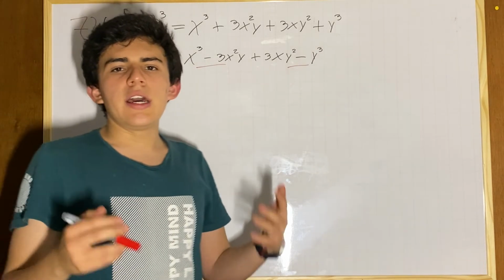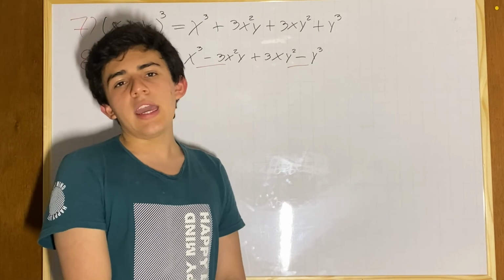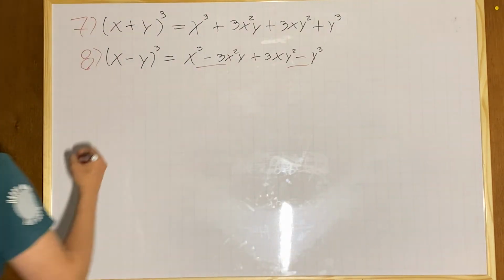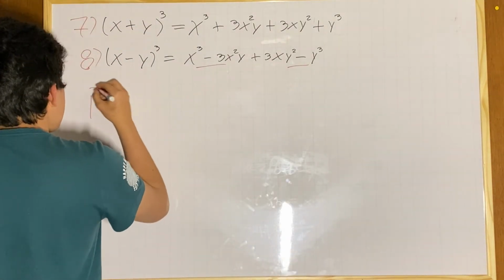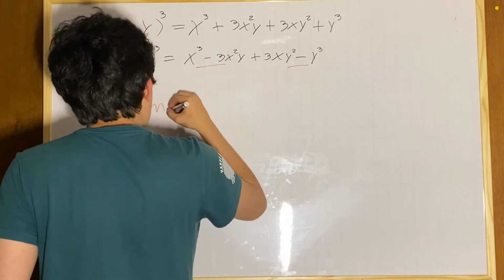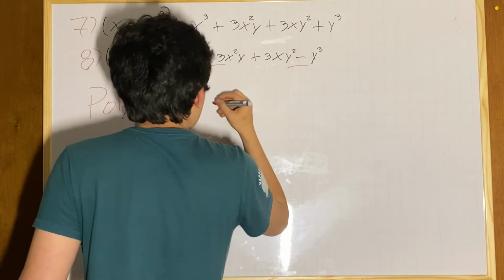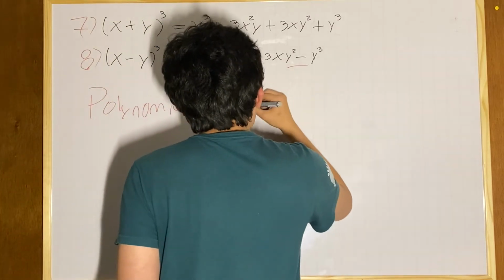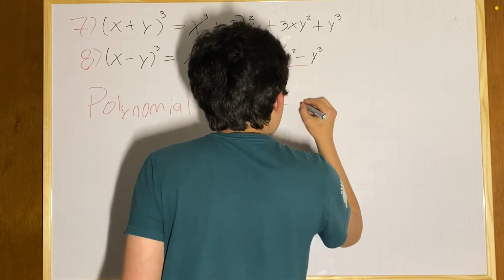Now I would like to show you maybe a polynomial form that is very common. It's probably the most common one, and that you should know. Let's say we have the polynomial. I'm just going to write it in here. A polynomial in the form x squared plus bx plus c.